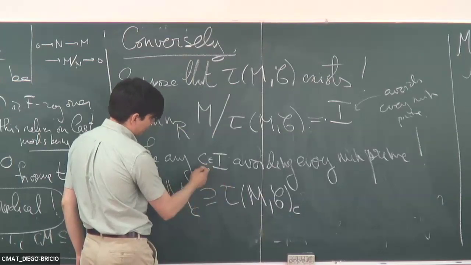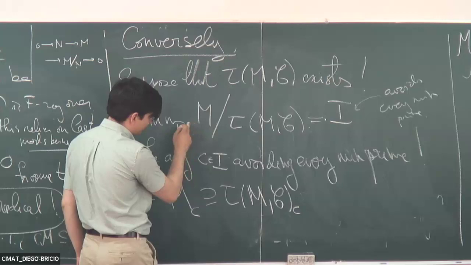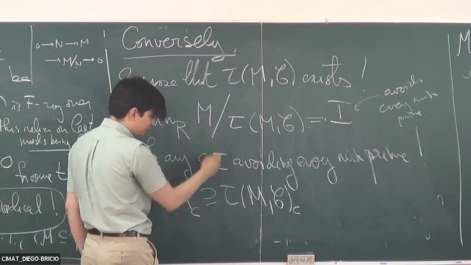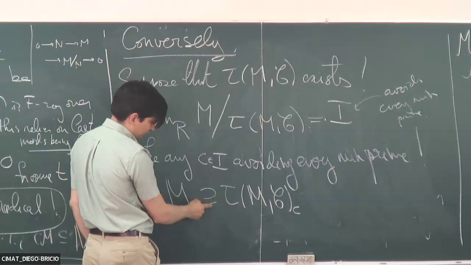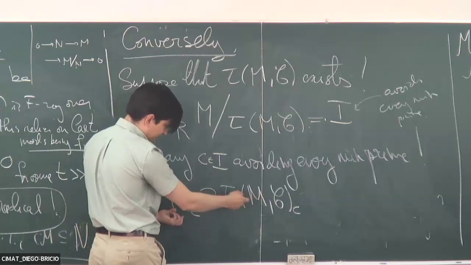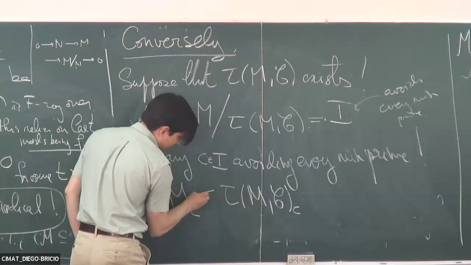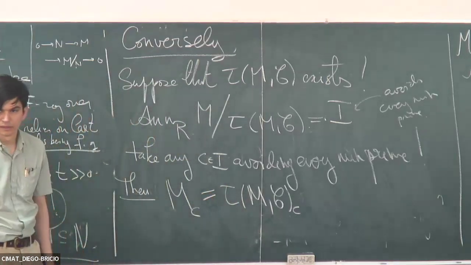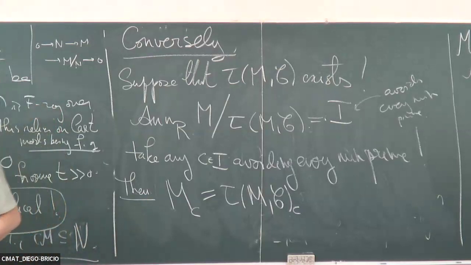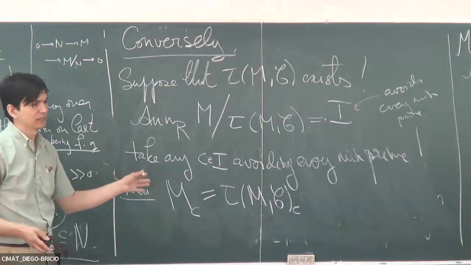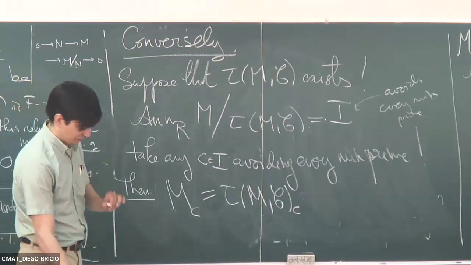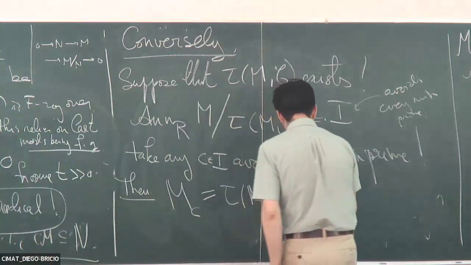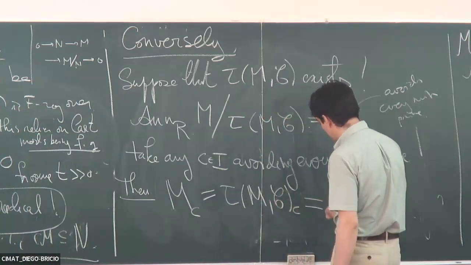But I claim that when I do that localization, well, it's just trivial, right? I just choose an element that kills the possible difference, right? So this inclusion, which is trivial because N contains that, now becomes an equality. Okay, but now you conclude by the fact that the test module commutes with localization, which I think was an exercise at some point too. I hope you remember that. So in general, test modules commute with localization.